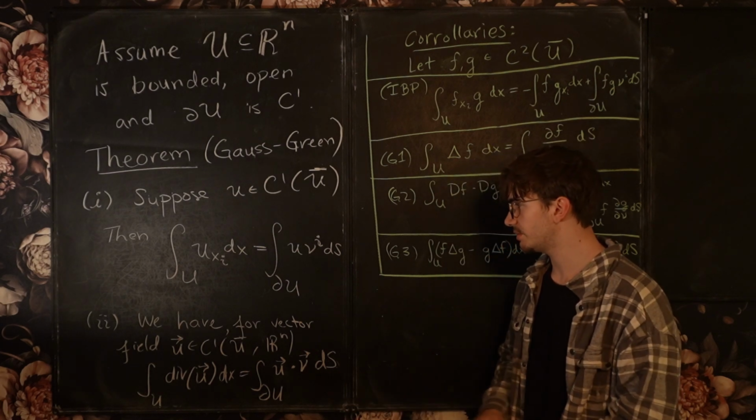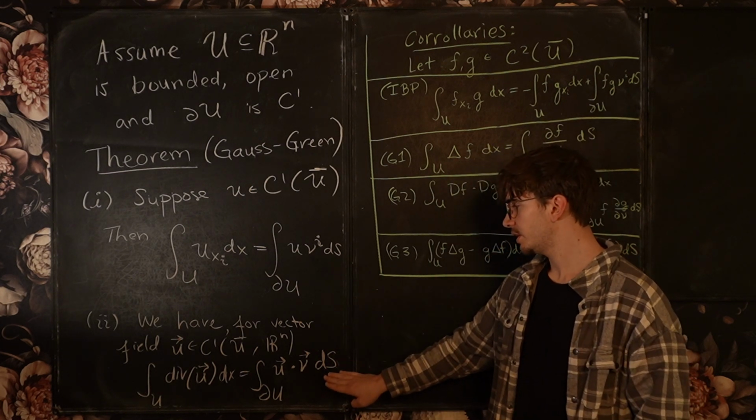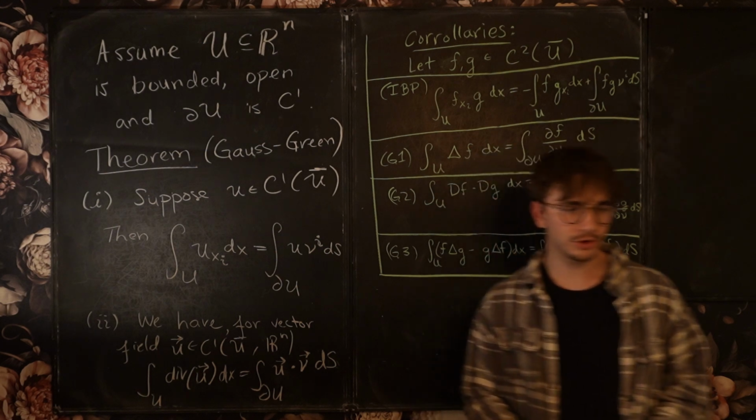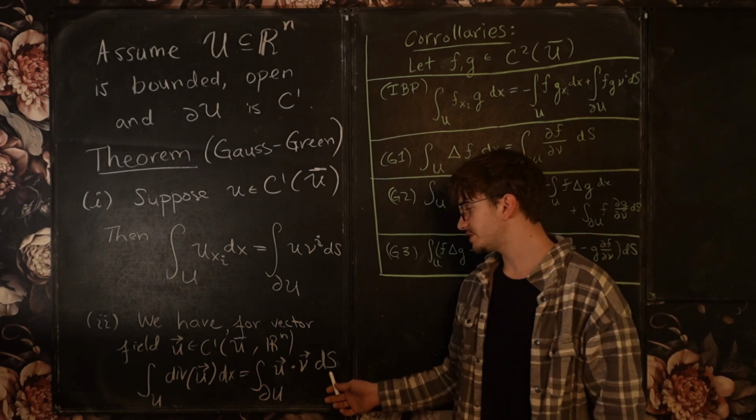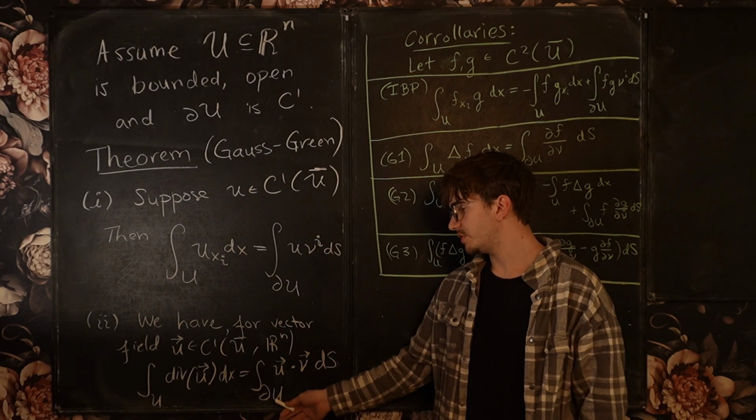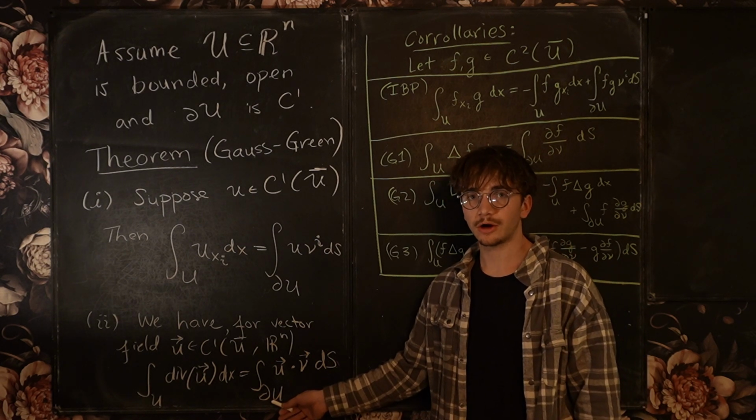Now let me quickly comment about this dS showing up here. As we'll see in the proof, dS is the surface area element of this surface partial U.